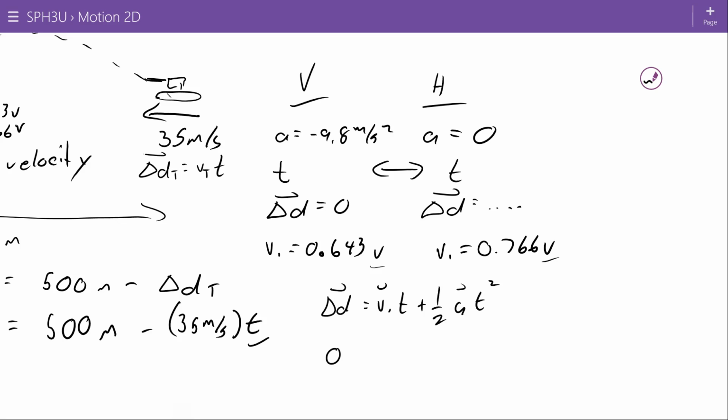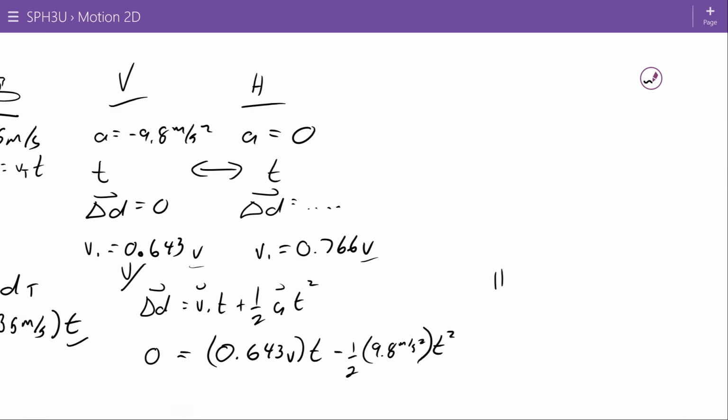We know that we want the shell to return to its original height. We don't know v1, but we have it in terms of a common variable, so we'll make that substitution: 0.643 v times t minus 1/2 times 9.8 meters per second squared times t squared. I'm not going to carry units around through this whole question, but I'll put them in at this point. So this is in the vertical direction.